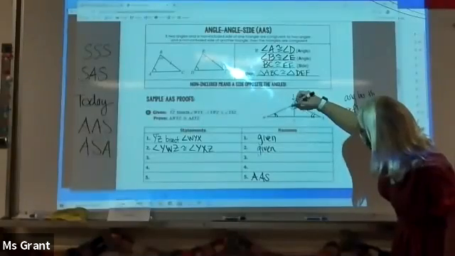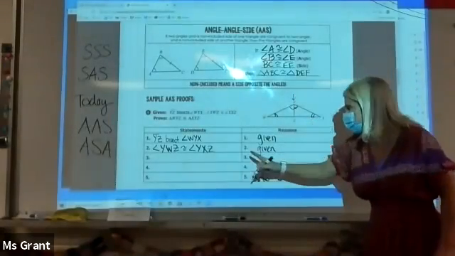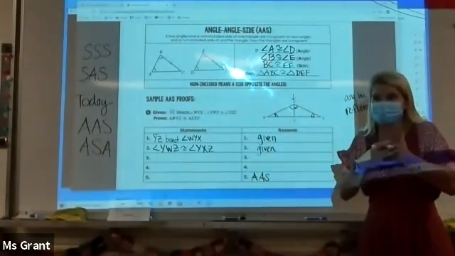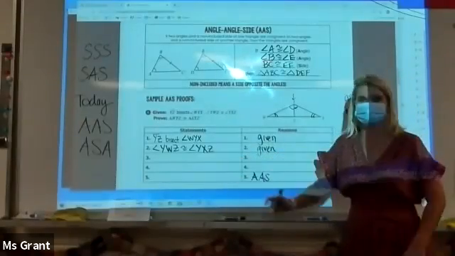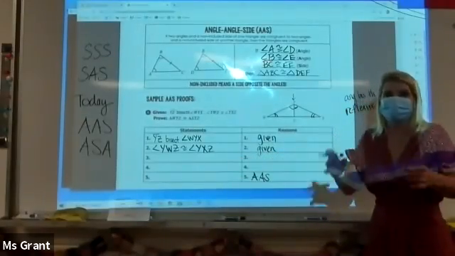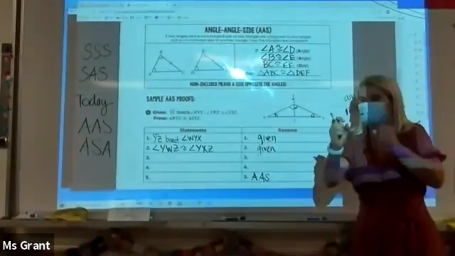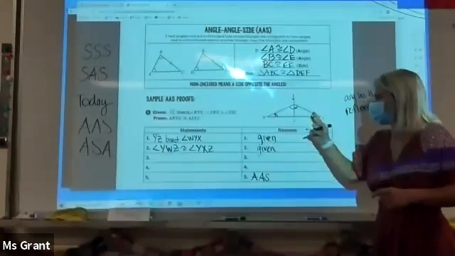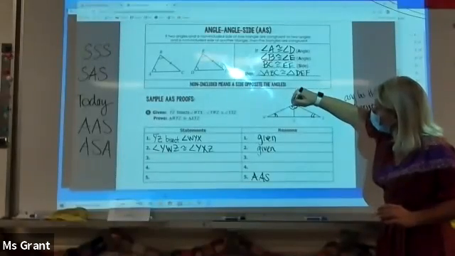What would be my statement if I have to use angle bisector theorem? What do I write over here for my statement? Which angle was bisected? Which two angles are now the same? Angle WYZ equals angle XYZ. It's this one and this one.